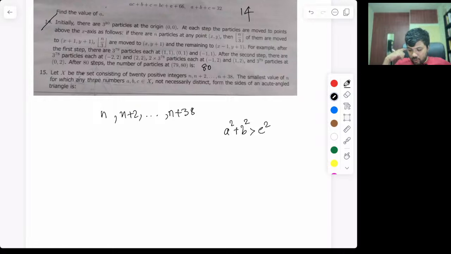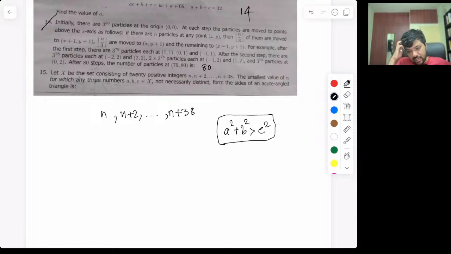Among any 3 numbers, the deciding factor will be when c is the maximum value. If you take c to be the maximum and a square plus b square are the two smaller sides, even then it should be greater.